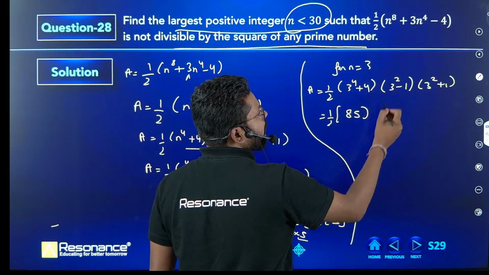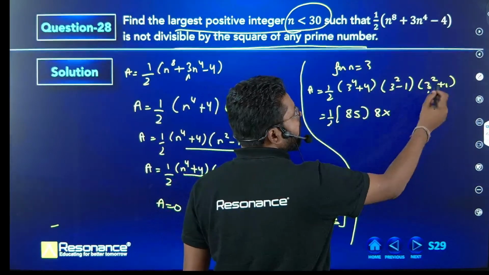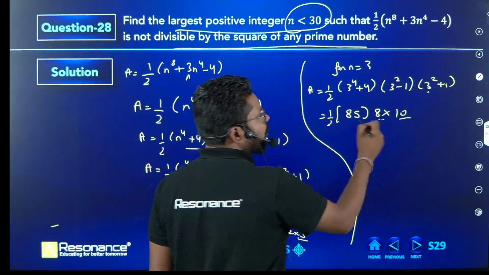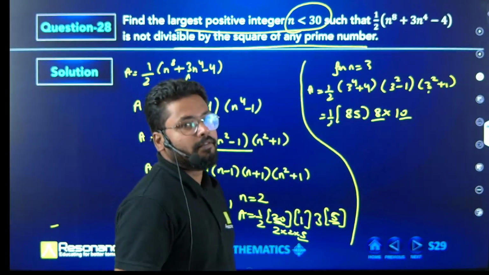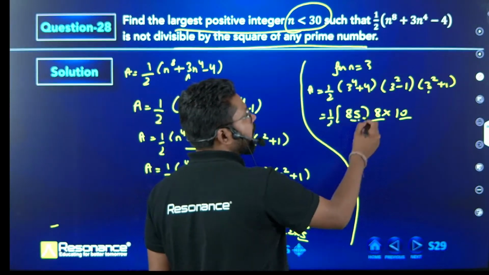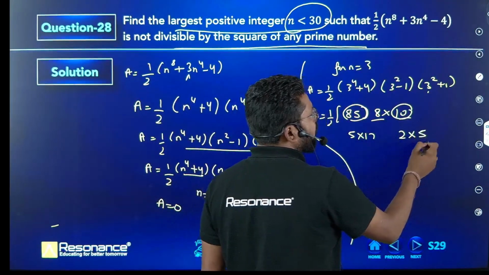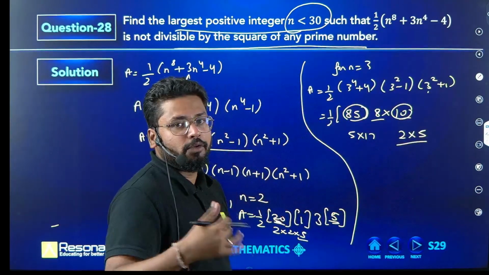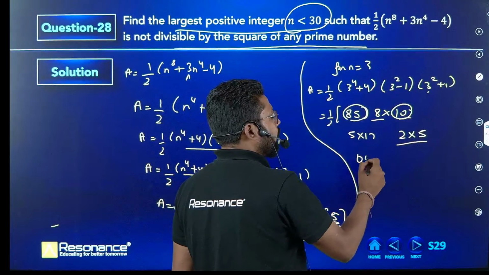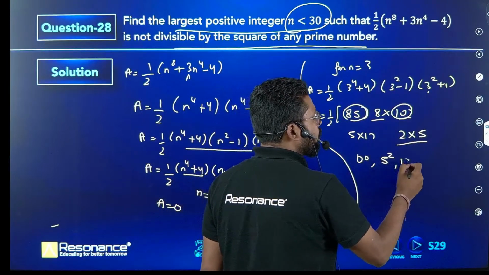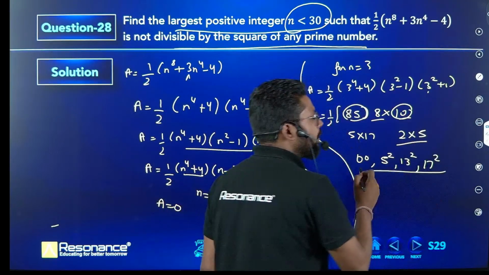Here 3 square minus 1 is 8 and 3 square plus 1 is 10. So you can see that 2 is repeating itself, and 5 is also repeating itself because 85 is 5 into 17 and 10 is 2 into 5. If you try every value, you can see that either it is 0 or it is divisible by 5 square, 13 square or 17 square. Every time it will repeat itself.